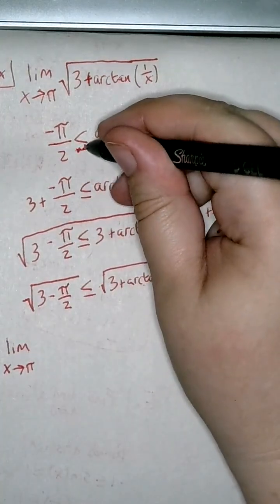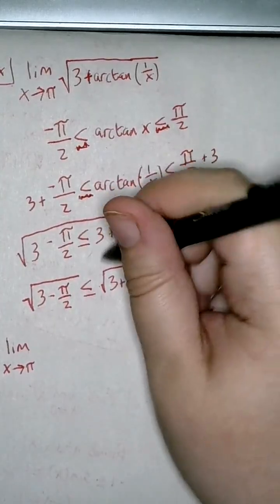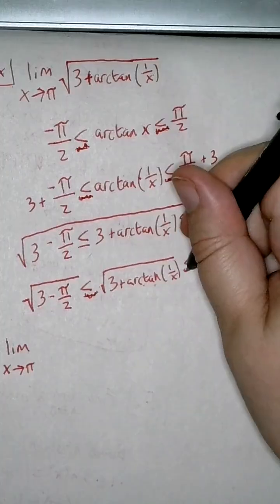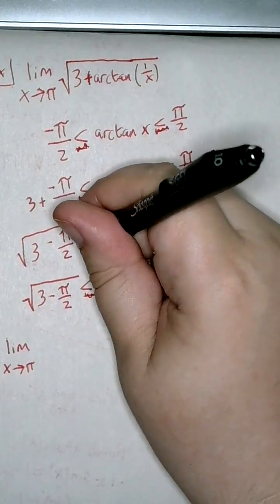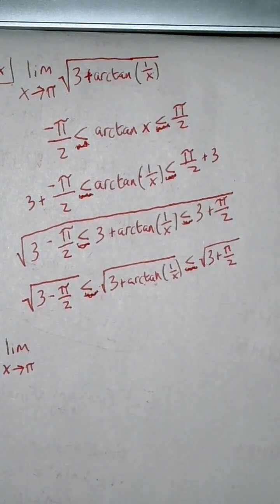So still, my goal is to end up with the same number here and here, but I don't. Why is that? What do you think? What am I missing here?